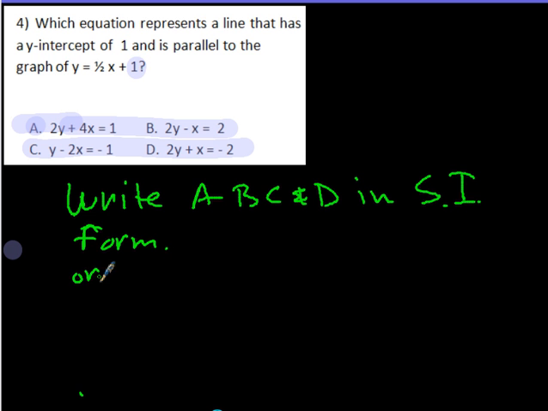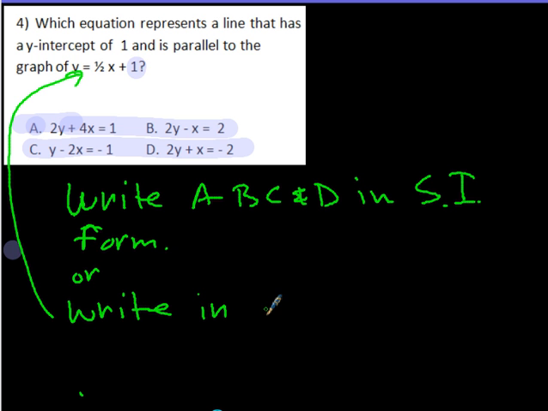Or write that equation in, it's not quite standard form, but in y x equals constant form, similar to what they have here in the solutions. If you do that, you only have to change one equation. If you do these, you have to change 4. Well, 4 if you pick the correct one last.